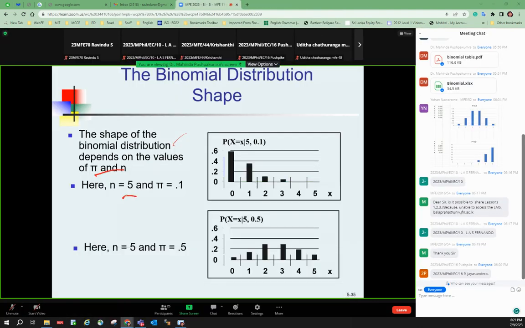If n equals 5 and probability of success is 0.1, the shape is like this. If it is 0.5, the shape is symmetrical. If this is 0.9, the distribution is like this.